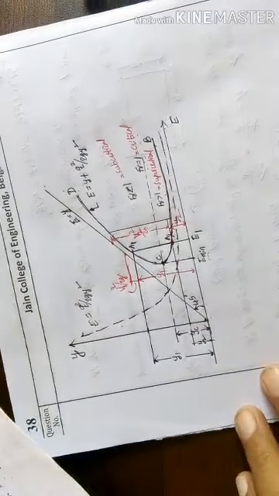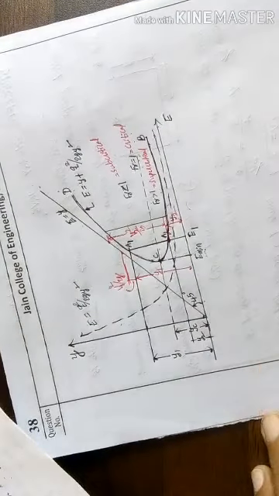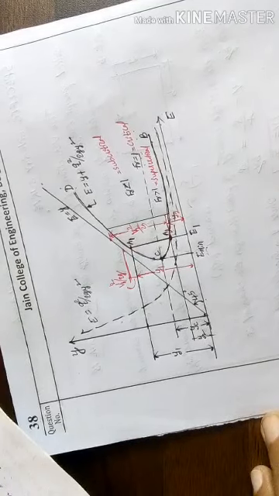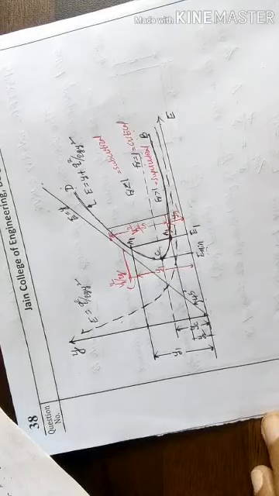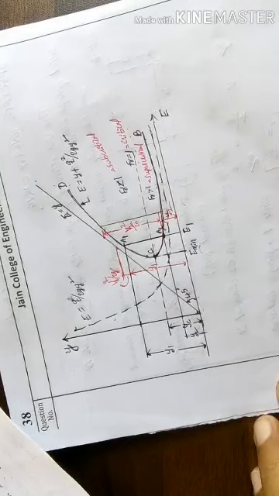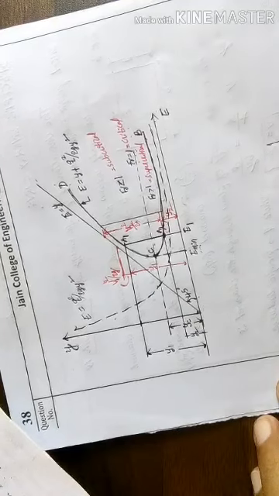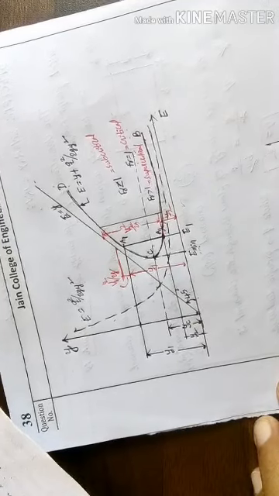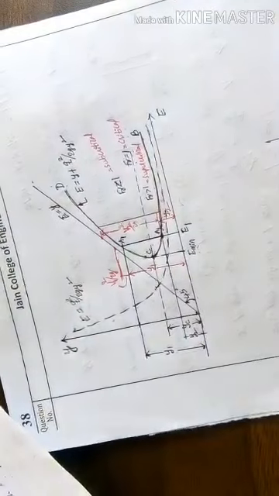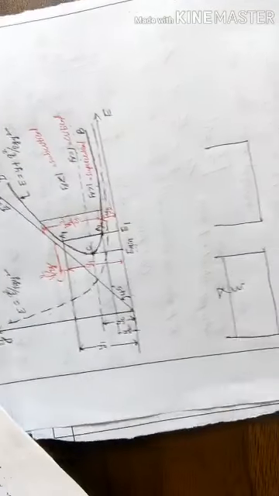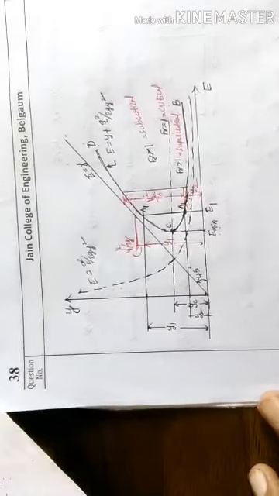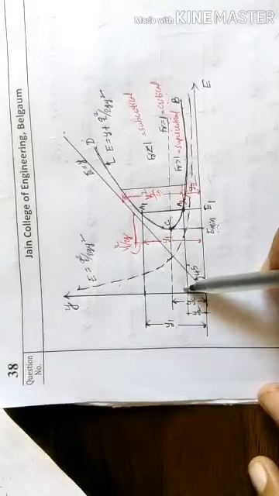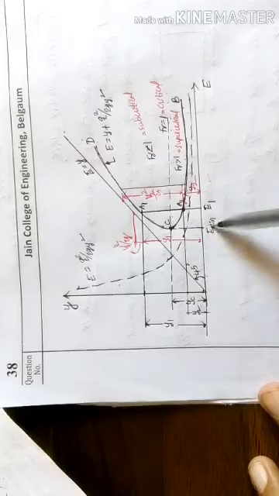So if I take a rectangular channel, here I am taking two rectangular channels, try to understand this. Here I have marked the critical depth corresponding to the minimum specific energy.